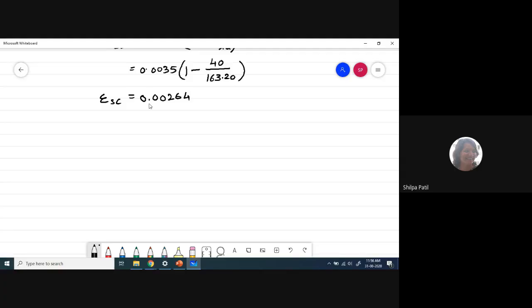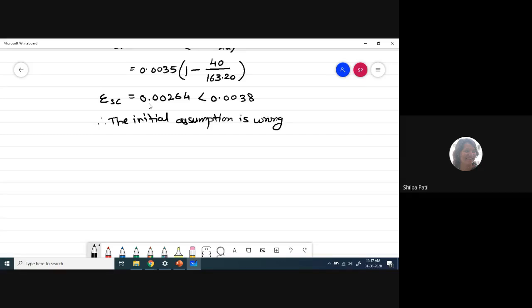Now we have to compare this value with the maximum value, that is 0.0038, as per the steps you have just written. This value is coming less than 0.0038. So what does it indicate? The initial assumption is wrong. Initial assumption means our FSC value is wrong.